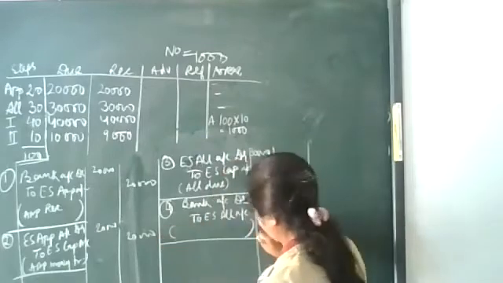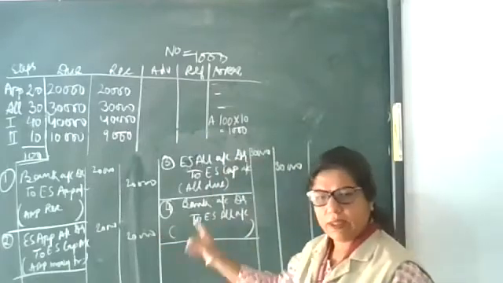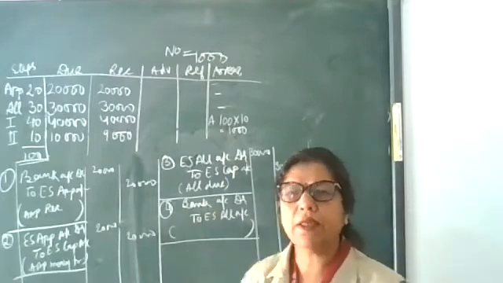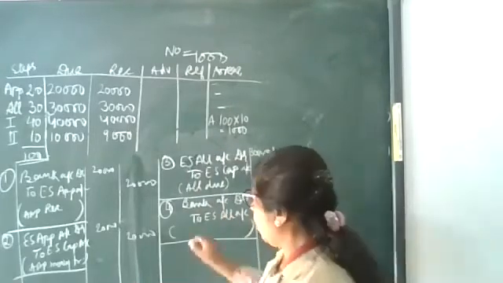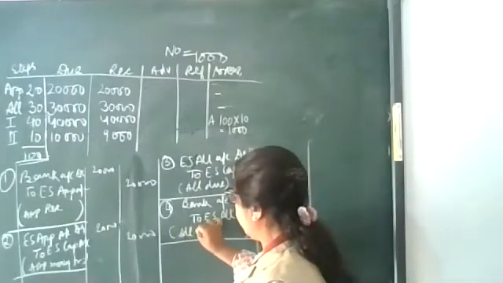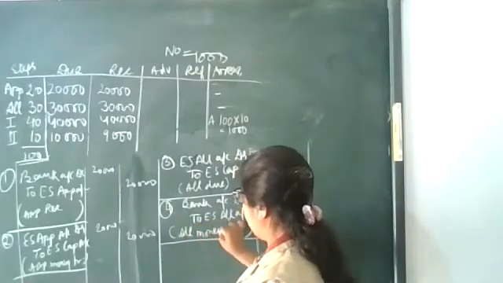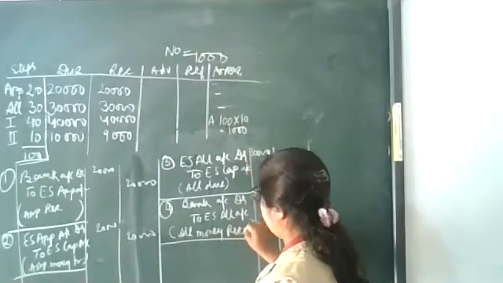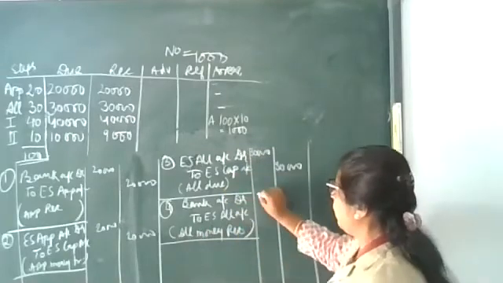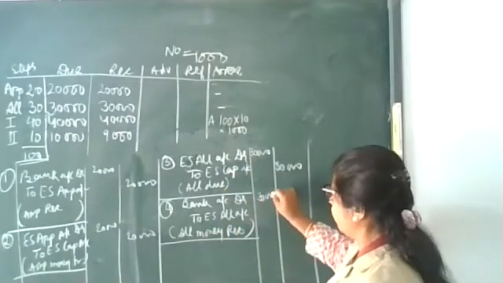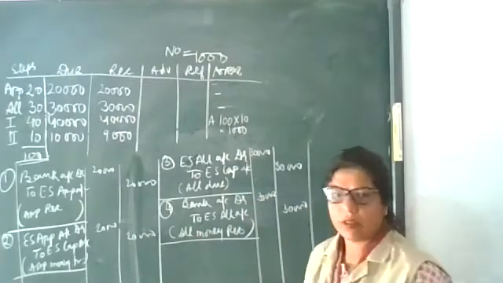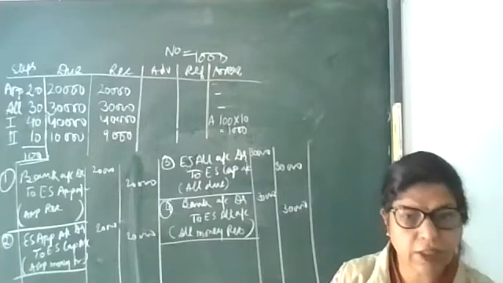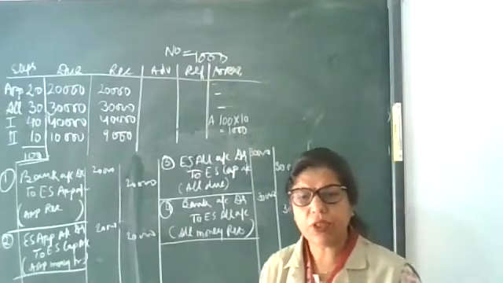Narration: whenever there is bank in the entry, you can write amount received, or simply allotment money received. How much money received? 30,000. Got it, children? Any doubt?